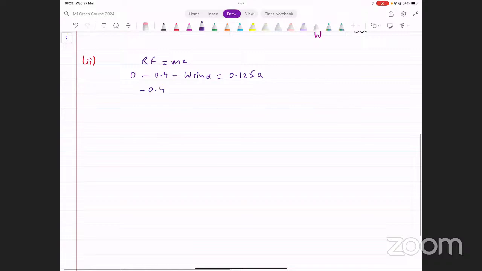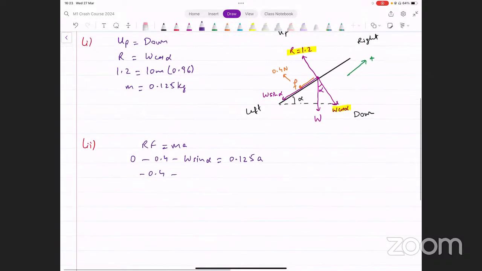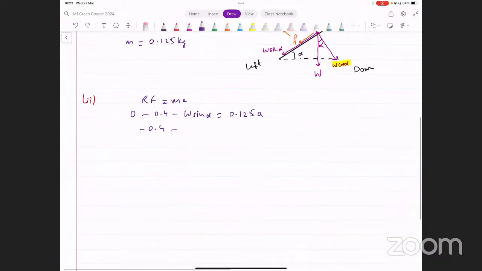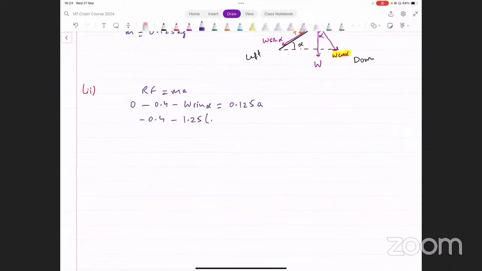So we have minus 0.4 minus W. What was W? 10 times m. So that's 1.25, that will be the value of W, into sine alpha. Sine alpha is 0.28, that's given in the question. That equals 0.125 times a, and that is going to give you the value for acceleration.